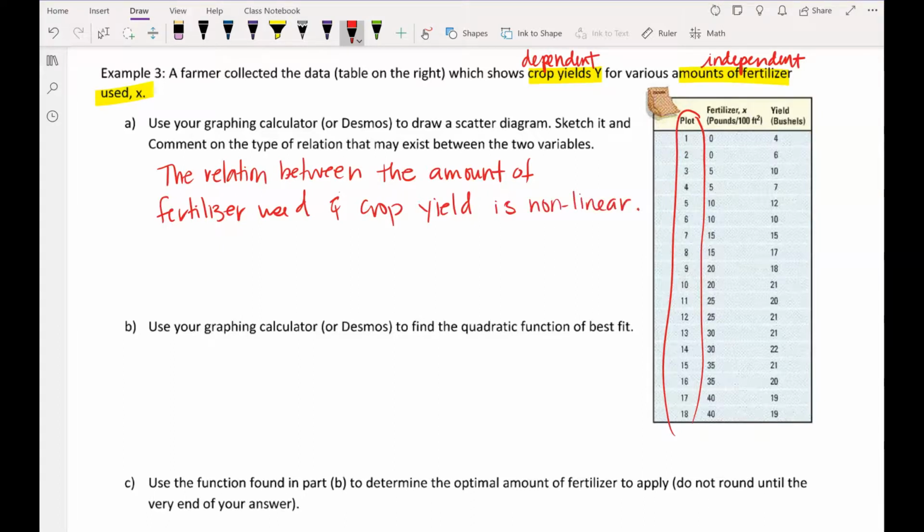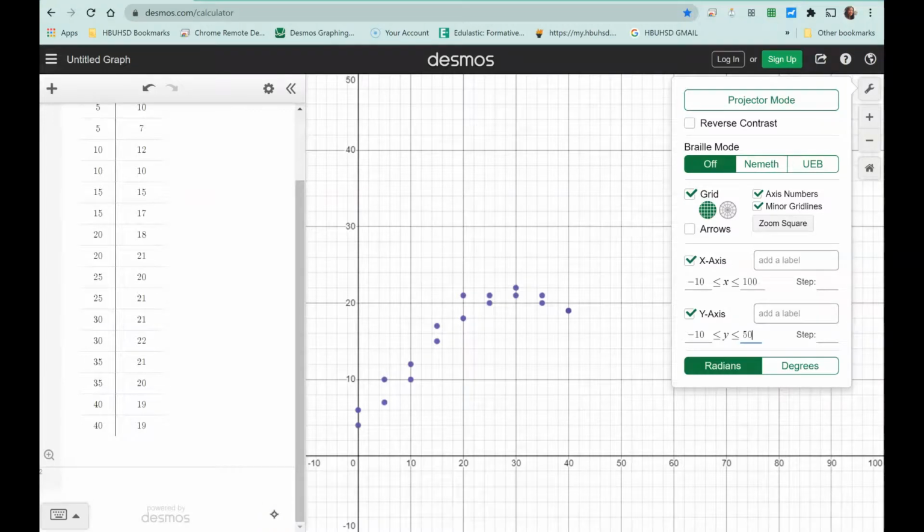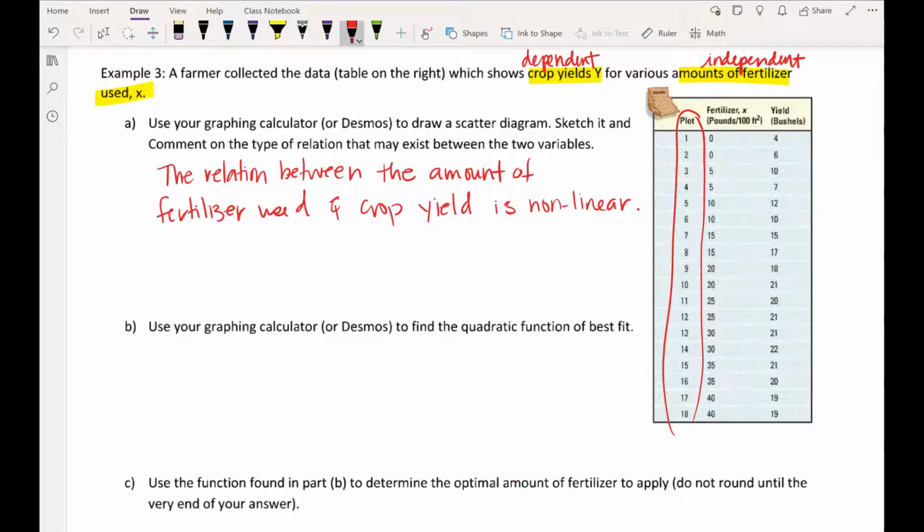Okay. Now, if you guys want to, now that we have it, you can even say quadratic, right? Because that's sort of the shape that we can see right here. So we can even go back and put in parentheses, quadratic. All right. Use your graphing calculator or Desmos to find the quadratic function of best fit.